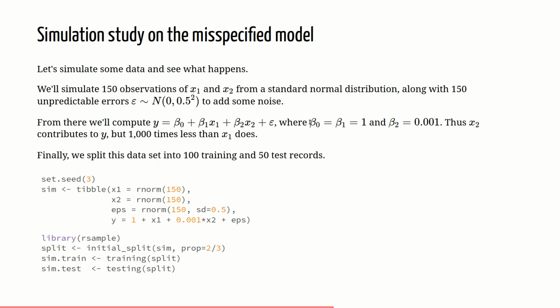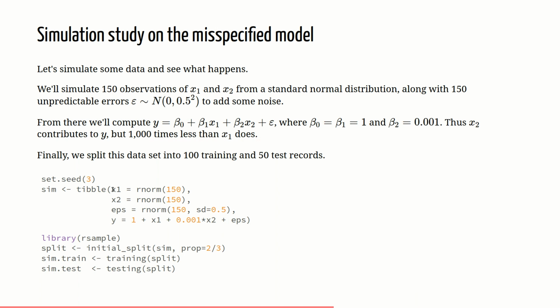The idea is that we're setting it up so that the intercept and the effect of x1 are magnitude 1, whereas the effect of x2 is 1,000-fold lower. Right, so x2 contributes to y, but 1,000 times less than x1 does. Then, once we've done, we're going to split it into a training and test set and fit our model.